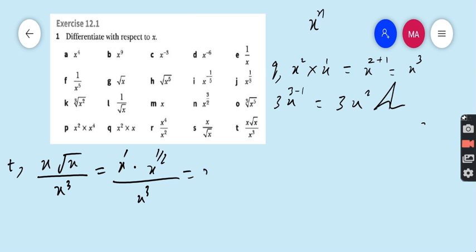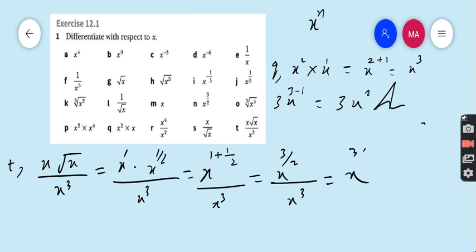First we multiply, adding power 1 plus 1 upon 2 upon x cube. 1 plus 1 upon 2 is 3 upon 2 upon x cube. X power 3 upon 2 minus 3. 2 threes are 6, and minus 6 plus 3 is minus 3 upon 2. So sorry, yes, minus 3 upon 2.